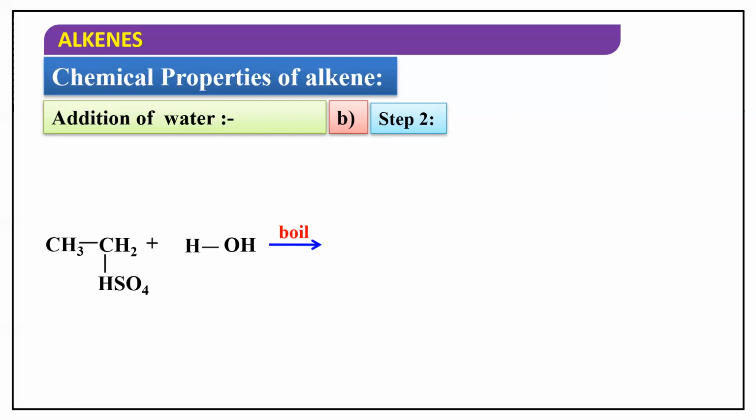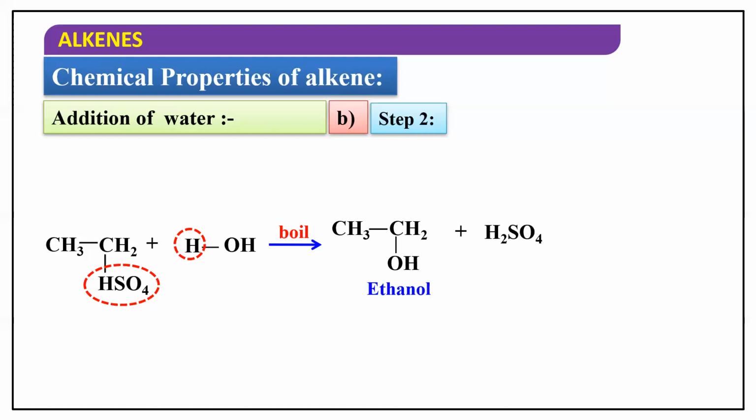When it reacts with water and we boil, H plus will take away HSO4 minus as H2SO4. So HSO4 goes out, gets eliminated as H2SO4 upon combination with H plus. And in place of HSO4 minus, I will have OH getting substituted. This is step two, and this will be your final product, which is an alcohol.